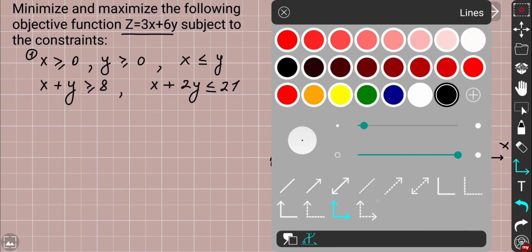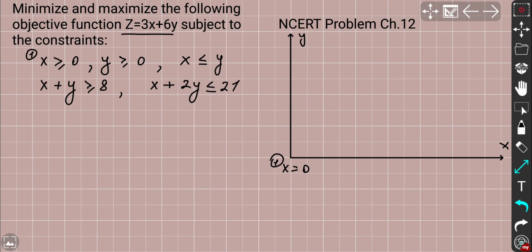And if you set up that one, let's say with that color, it's going to be your first boundary. Okay, let's set up like this. So the next about y, and actually the right-hand side, because x is more than or equal to 0, the right-hand side is going to be your visible region for that inequality. So let's go to the second one, y more than or equal to 0.